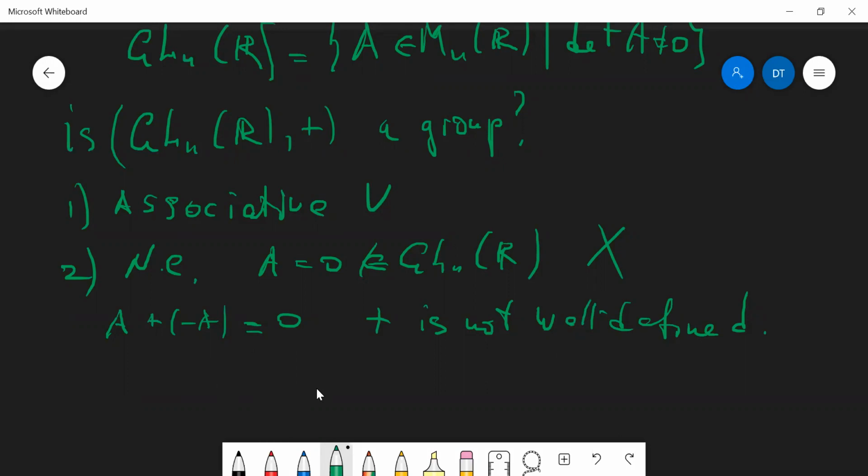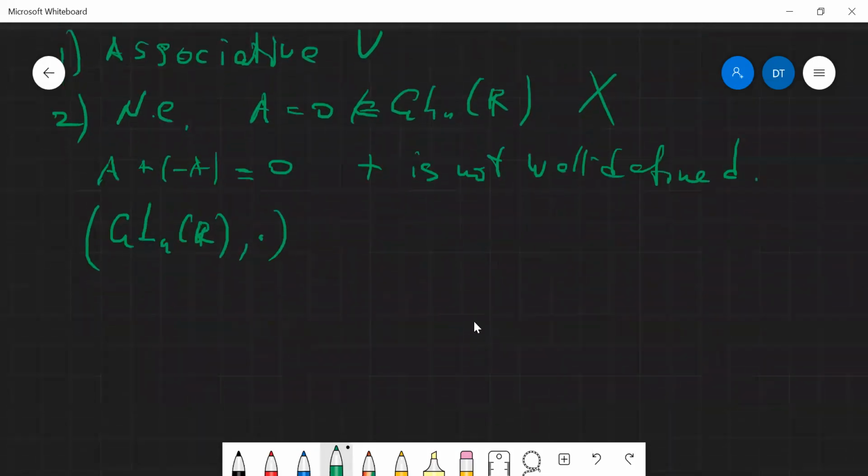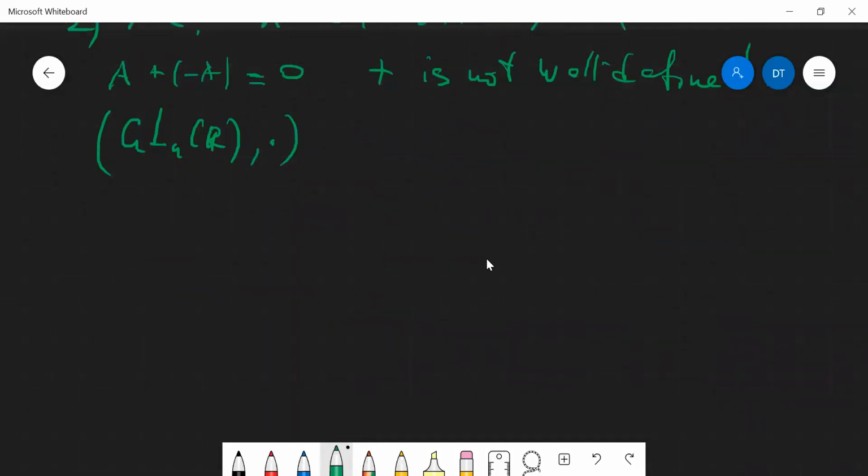Okay, but now let's try GLN of R with multiplication. Is this a group, or is this a trap again? What is the identity element here?